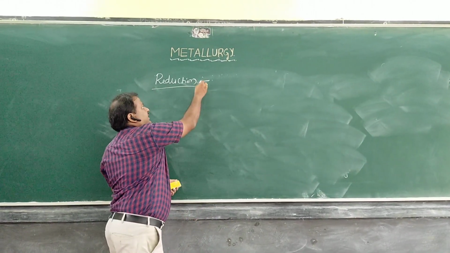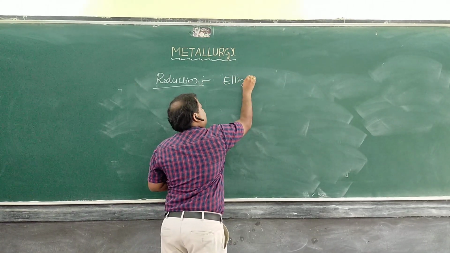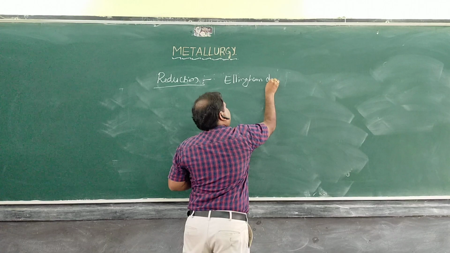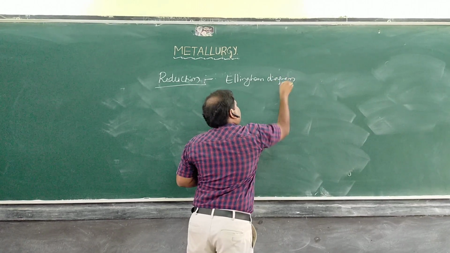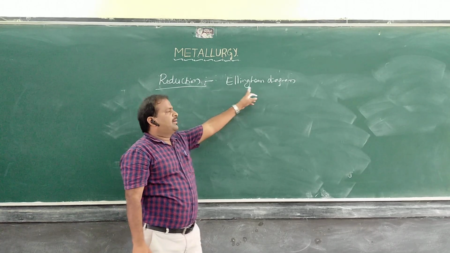So the selection of a suitable reducing agent is done by the Ellingham diagram.